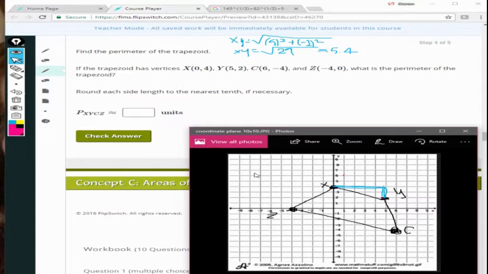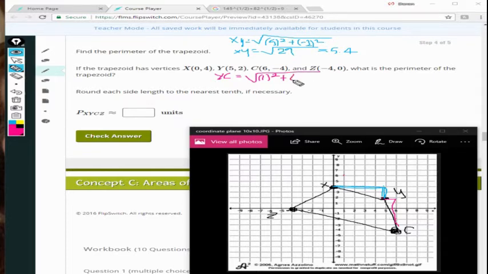So again, YC is going to equal the square root of the horizontal distance, which is 1, squared, plus the vertical distance, which will be 1, 2, 3, 4, 5, 6.